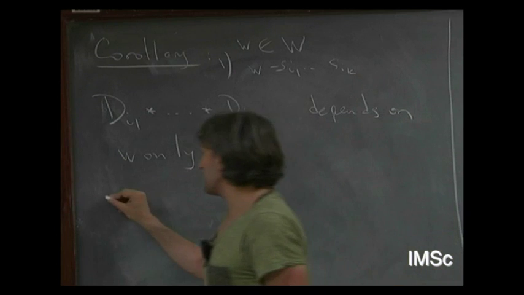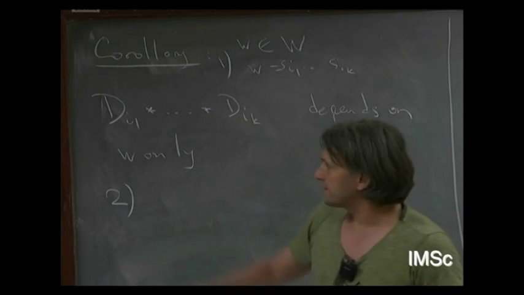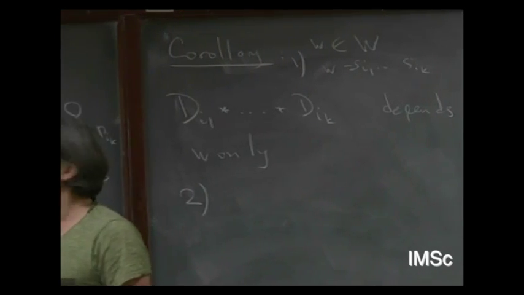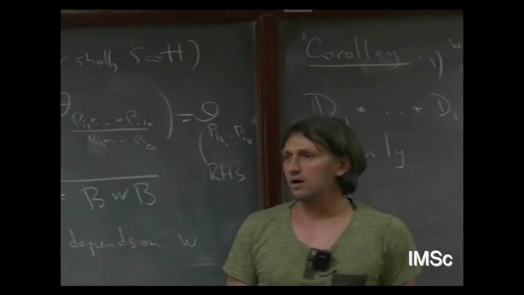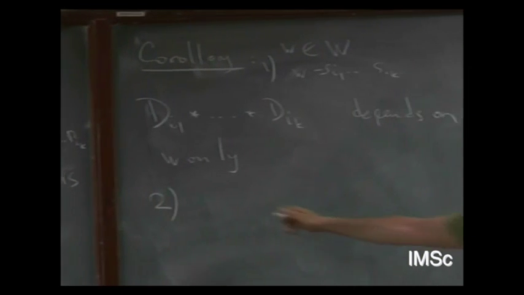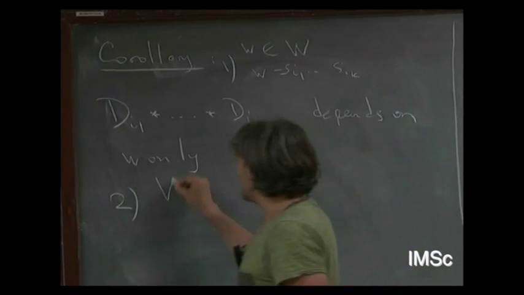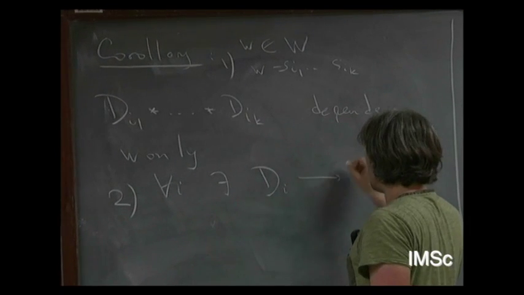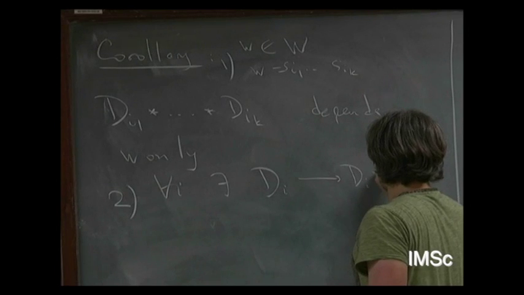Second, well, the theorem is actually more detailed. It explains what happens when the expression is non-reduced. I don't want to even write down this result, but I'll use this. So for any i, there exists a canonical map D_i to D_i convolution D_i.